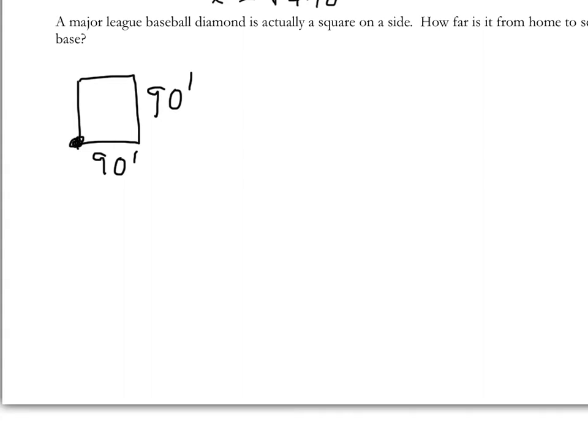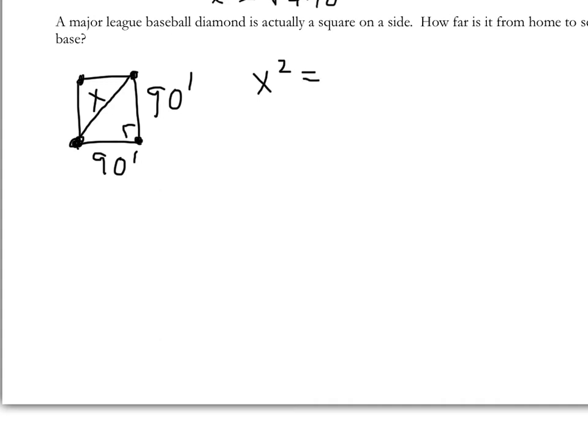So here's home, this is first base, this is second base, and third base. So we want to know this distance. It's a square, we know it's 90 feet on the side, we want to know the distance from home to second base. So let's set up our Pythagorean theorem. The hypotenuse is x.